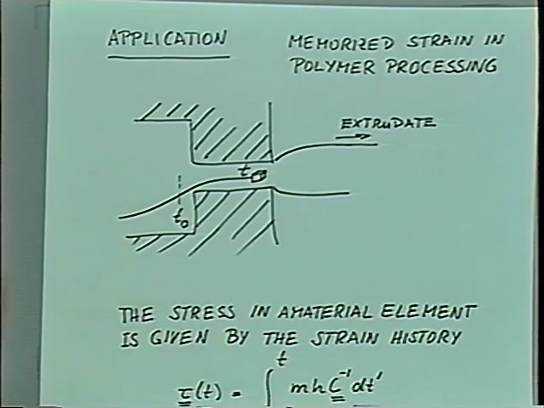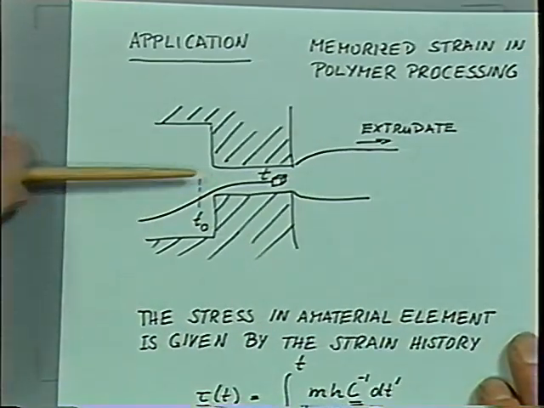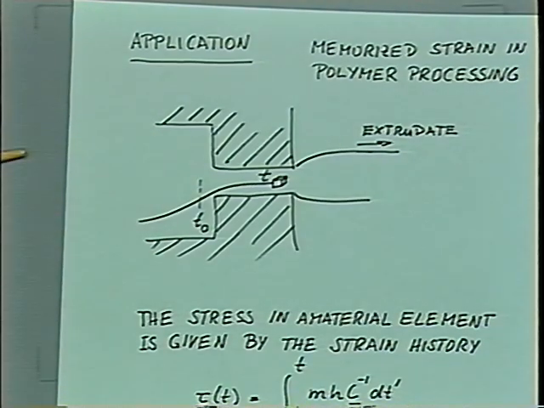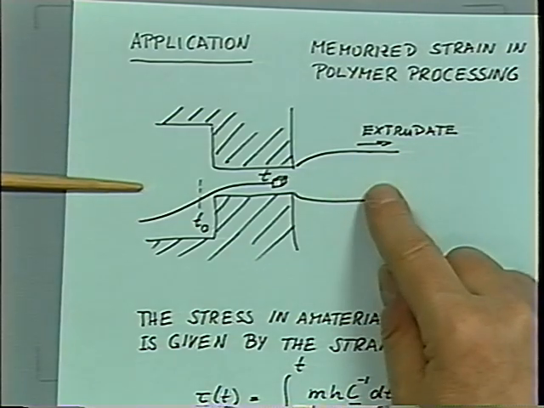Upstream here is an extruder which supplies fluid, and in this extruder you're imposing a wild strain history onto this material. You're producing all kinds of morphology, and it's questionable whether your material, which was exposed to all those strains, will give rise to a decent extrudate.